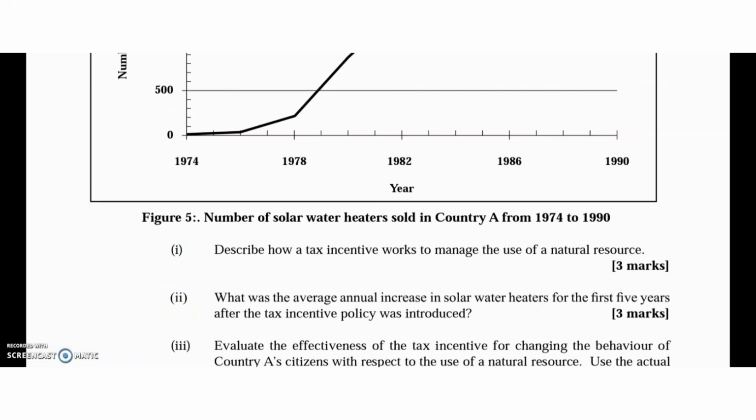Now, the first part of the question is: describe how the tax incentive works to manage the use of the natural resources. They're just asking a simple, generalized question. Now, a tax incentive is in fact a monetary initiative. And this initiative is a method, a technique and a strategy, to try to encourage persons to be more environmentally friendly.